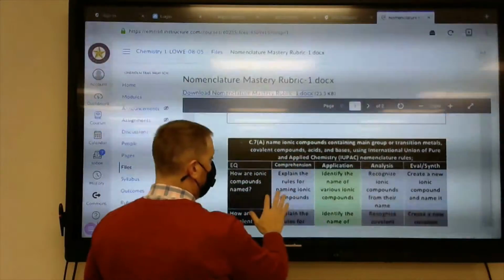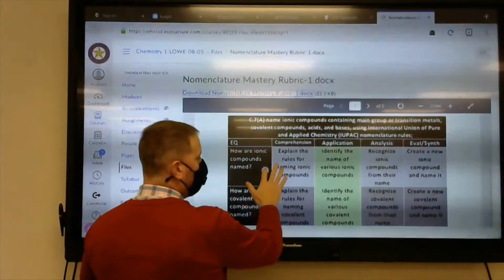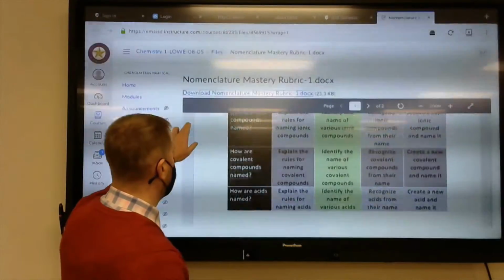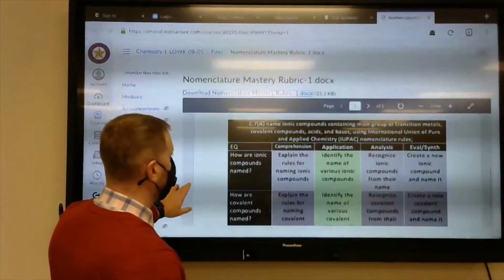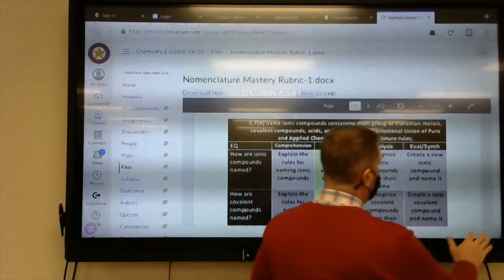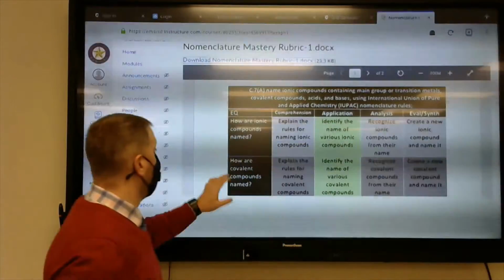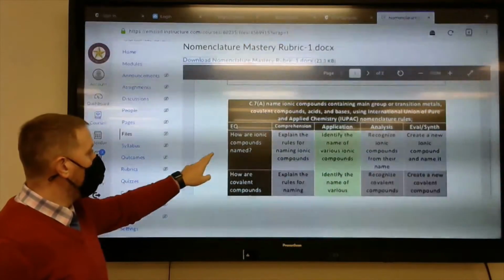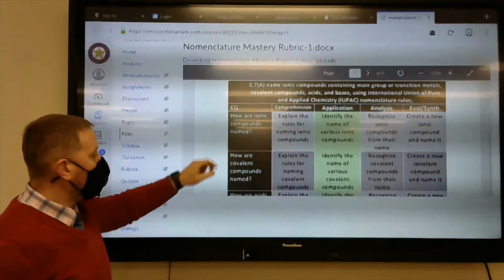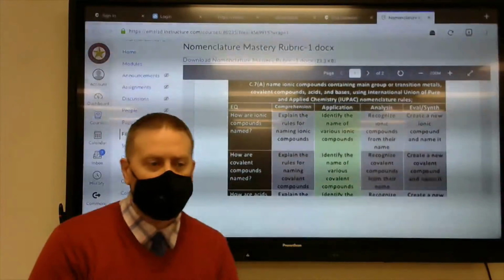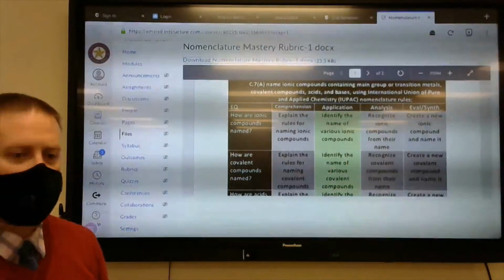So the next thing is, I've created a rubric for those state standards. All right, so we see here for the first one, naming ionic compounds.